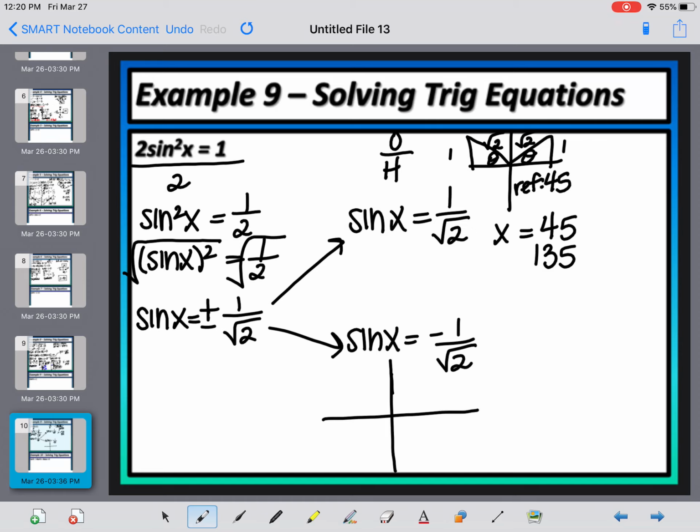Okay, we've already got a lot of the information figured out for us for the second one. Okay, sine is negative in quadrants 3 and 4. The opposite hypotenuse. So then the 1 has to be the negative, because this always needs to be positive. Okay, again, reference 45.